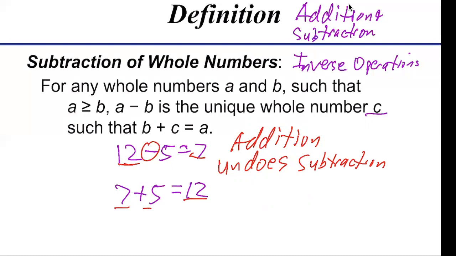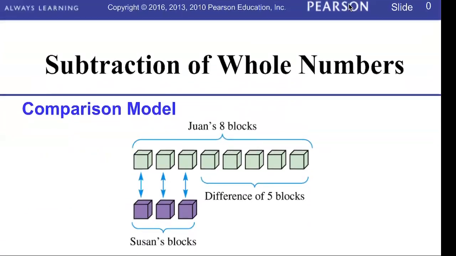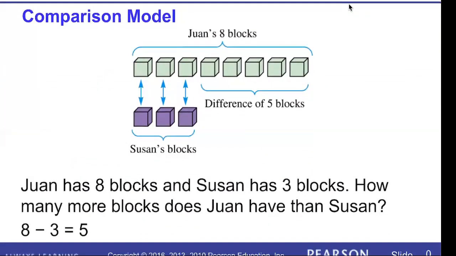I think you know a lot of these, multiplication and division. There's the comparison model. Okay, so if I was Juan and I'm doing this problem and I managed to line them up like this, I'm just counting 1, 2, 3, 4, 5. I didn't subtract anything. I really disagree that this is a subtraction problem.